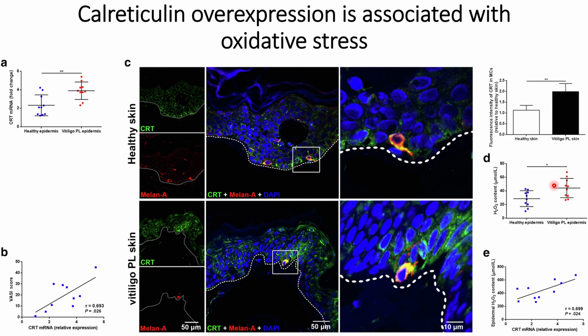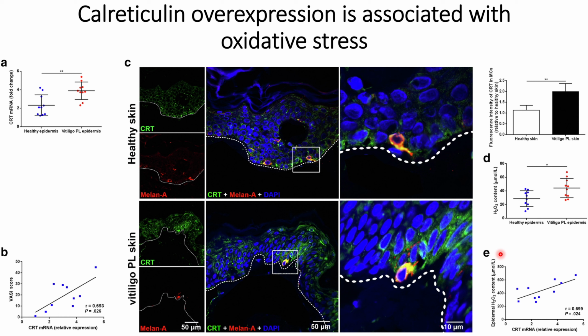Once confirming that in the vitiligo PL epidermis both the oxidative stress and the calreticulin mRNA expression are increasing, now they needed to validate how this increase in H2O2 content is related to calreticulin, whether there is a linear relation or it is related by some other mathematical equation.